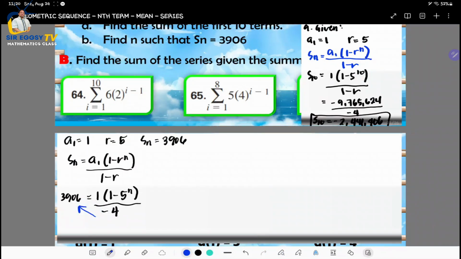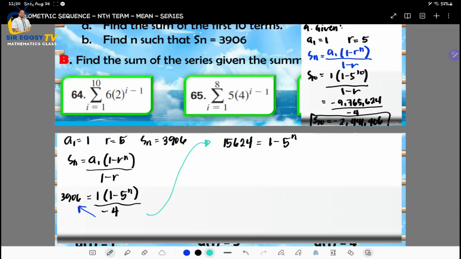So you have to multiply this one to that one, and this will give us, let's put it here first so we have a bigger space. So this will give us 3906 times 4 is equal to 15,624, which is equal to 1 minus 5 raised to n. As you can see, I removed the parenthesis since you're just going to multiply that by 1.